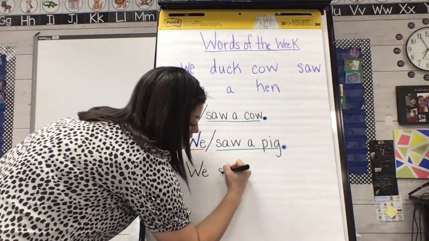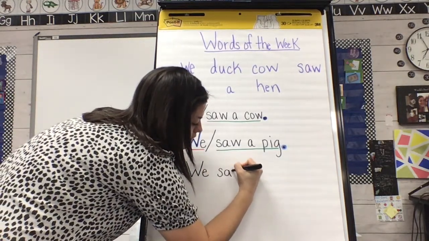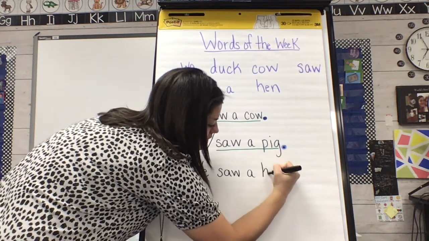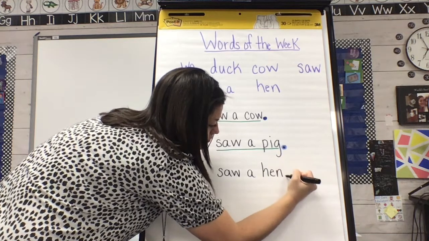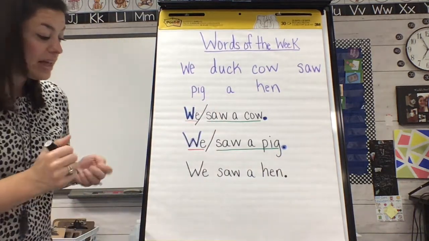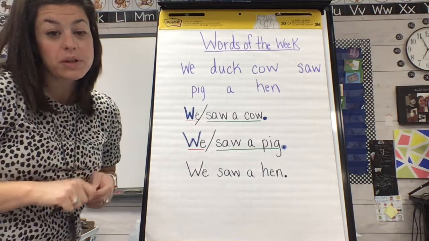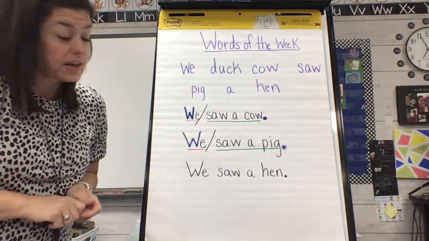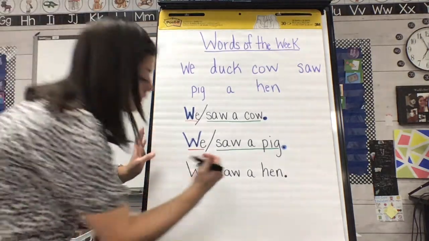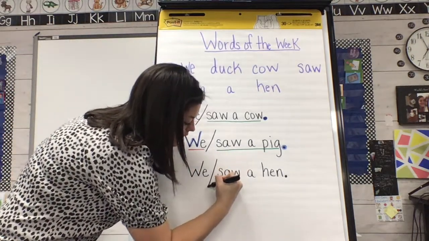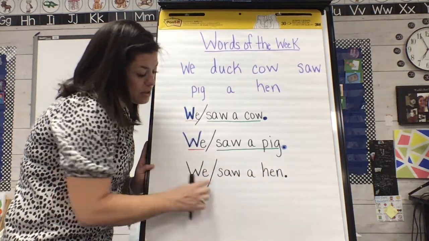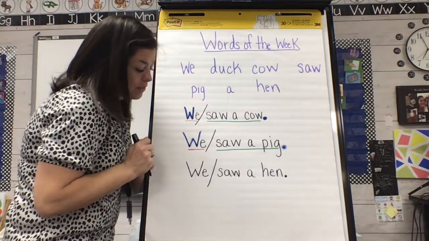We saw a hen. Okay. So let's put a slash between our subject and our predicate. Our subject is we. And then the predicate is saw a hen. So we is our subject, saw a hen is our predicate.